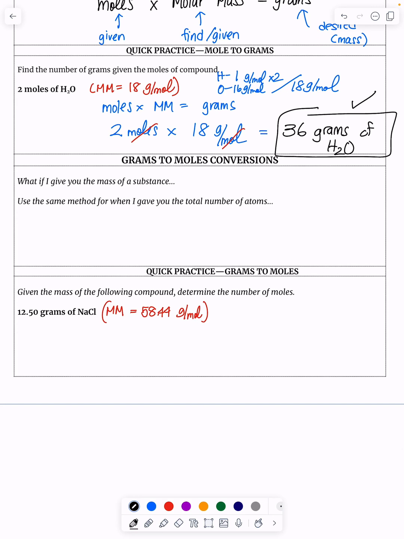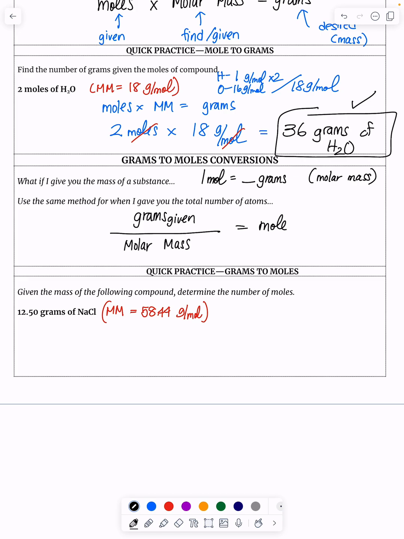What if I was given grams and I want to get moles? Now remember, 1 mole is equal to some number of grams as a molar mass. So if I want to get moles given grams, grams given, which is my mass, divided by molar mass is going to be equal to moles.